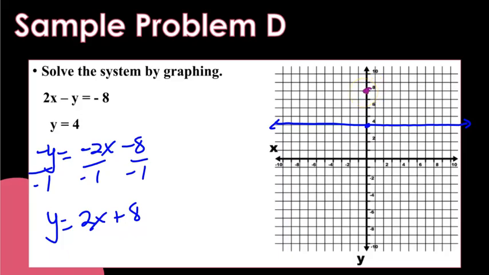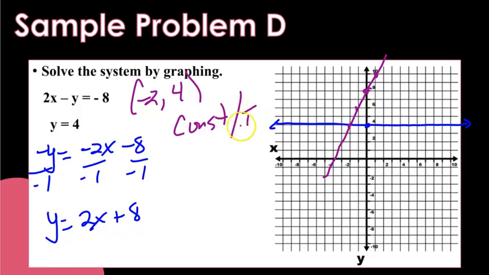This one's up 2 over 1, or I go down 2 to the left 1. So the point on this one would be (-2, 4). So this one would be consistent and independent because they cross in exactly one spot.